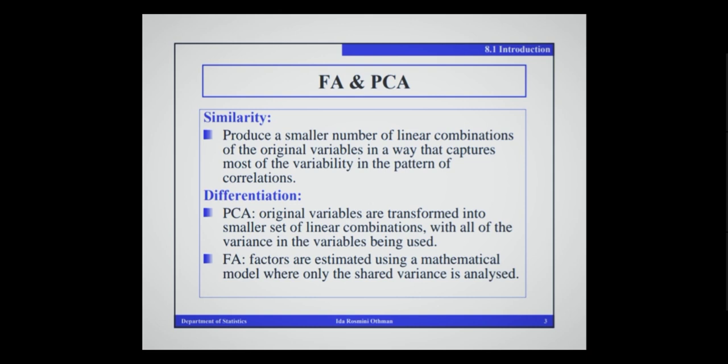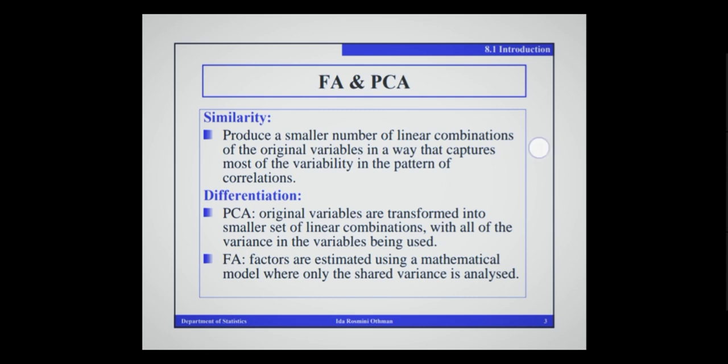Okay, so we have difference and the similarity of the factor analysis dan juga principal component analysis. Its similarity is both of these will produce a smaller number of linear combinations of the original variables in a way that captures most of the variability in the pattern of correlation. Betul tak?